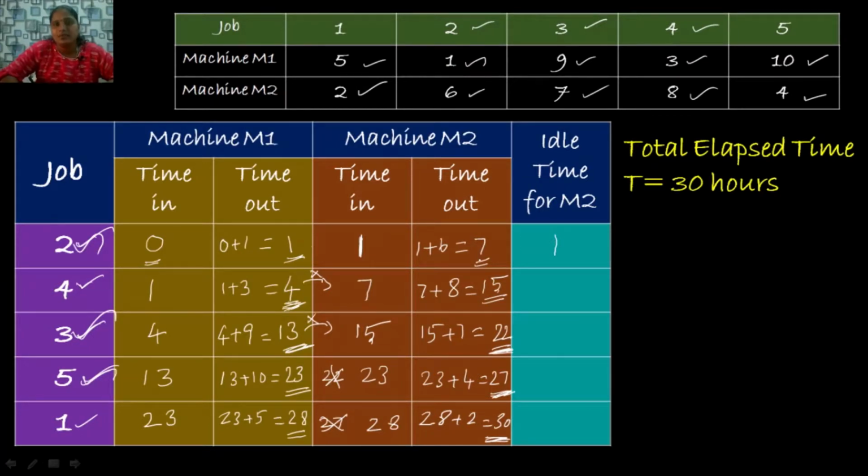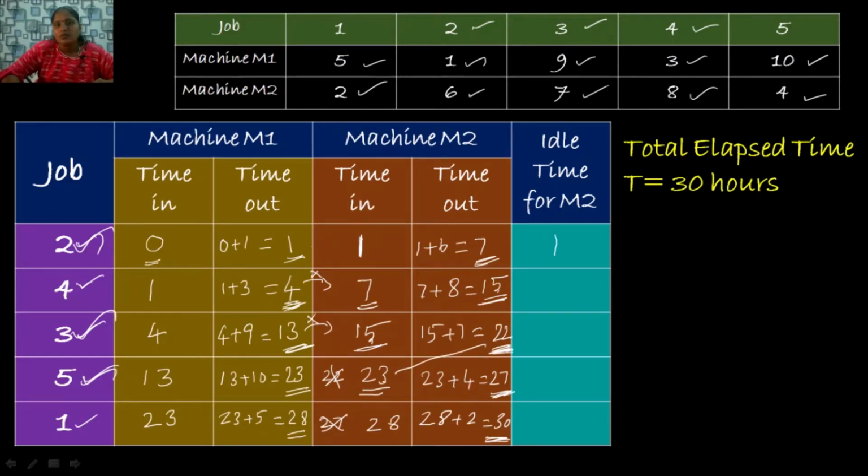Then it completes its processing time on job 2 at 7 hours. Immediately it has the next job to process. So at 7 hours it has the fourth job to process and completes its processing time at 15 hours. Immediately at 15 hours it has the next job to process and completes its processing time at 22 hours. But at 22 hours it doesn't have any job to process, so it has to wait 1 hour.